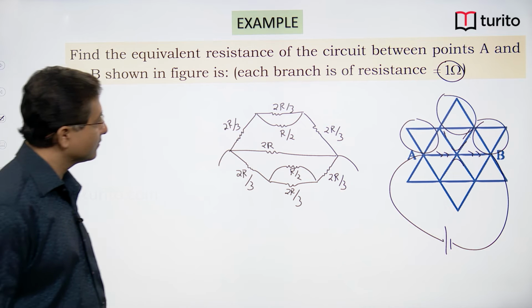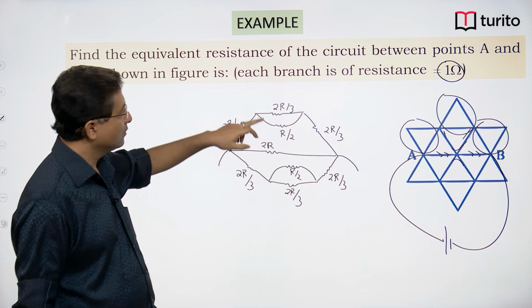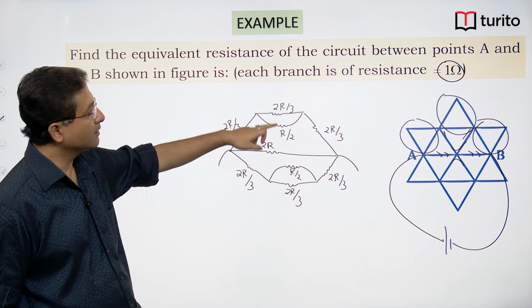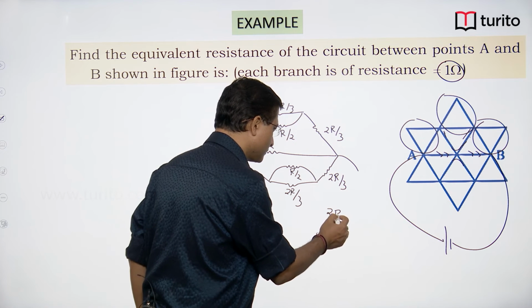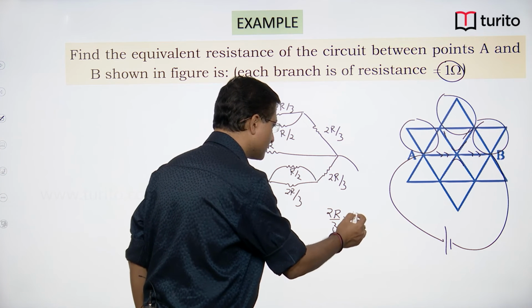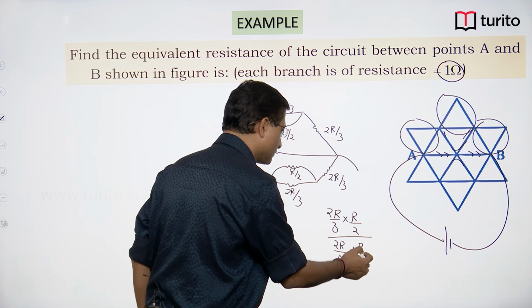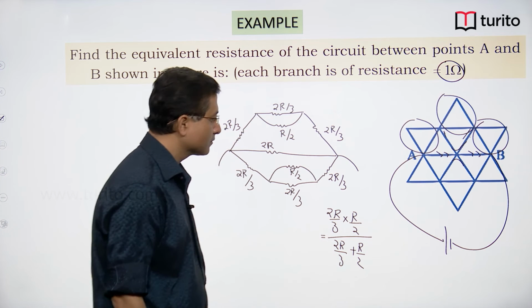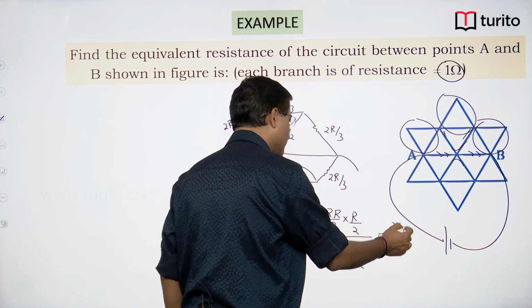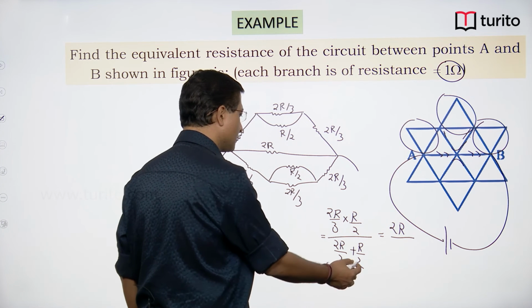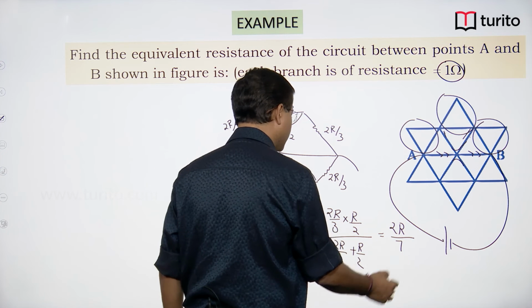And I can easily see parallel series. So, this 2R by 3 and R by 2 in parallel will make it, this is 2R, and here this is 4 and 3, 7, right.